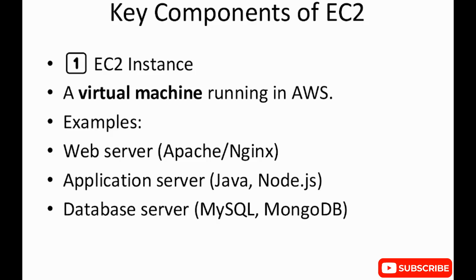An application server like Java or Node.js. A database server, MySQL or MongoDB. These are the virtual machines which are running in AWS. So this is the EC2 instance.